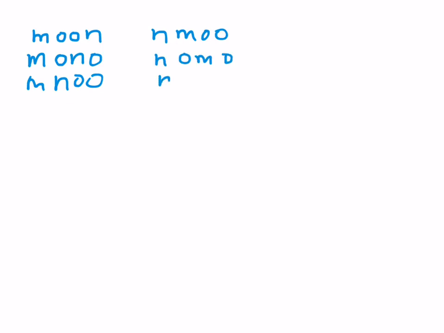So we've got M-O-O-N, maybe it's M-O-N-O, or maybe M-N-O-O. And then what about all the passwords that start with N? So I would have N-M-O-O, or maybe it's N-O-M-O, or N-O-O-M. And then what about ones that start with O?